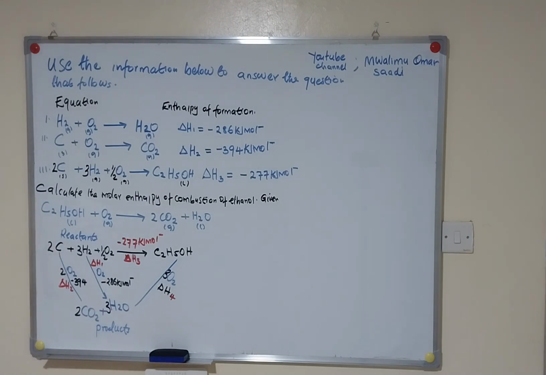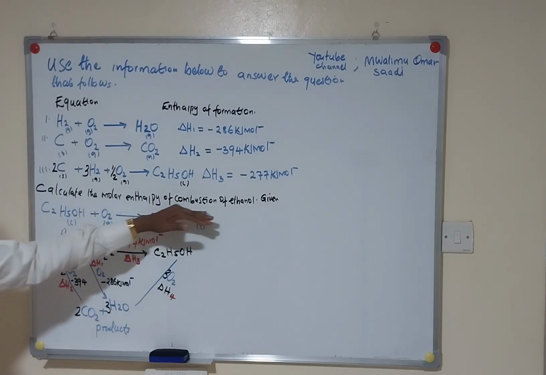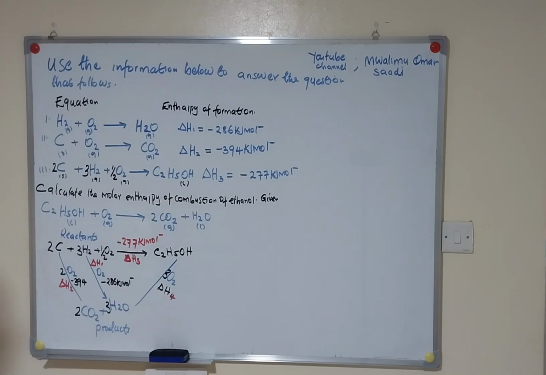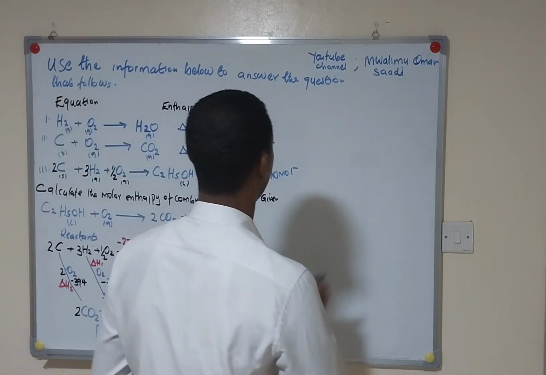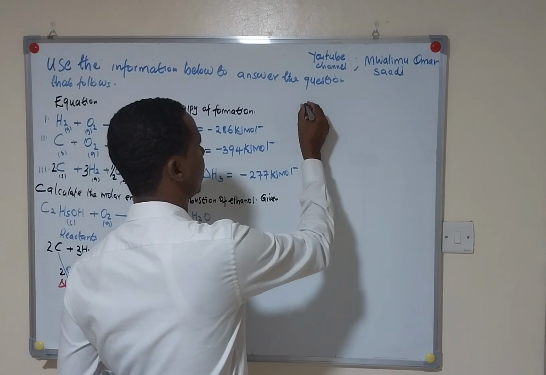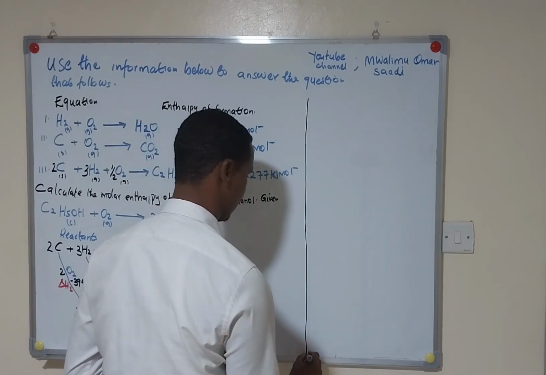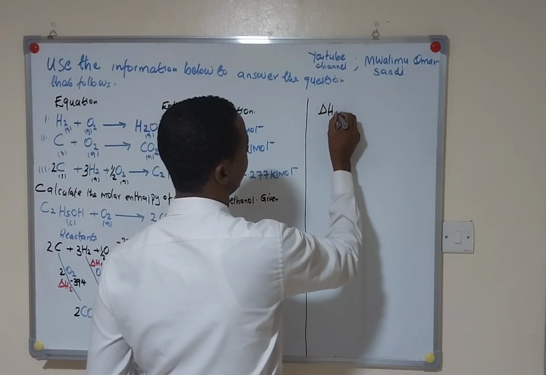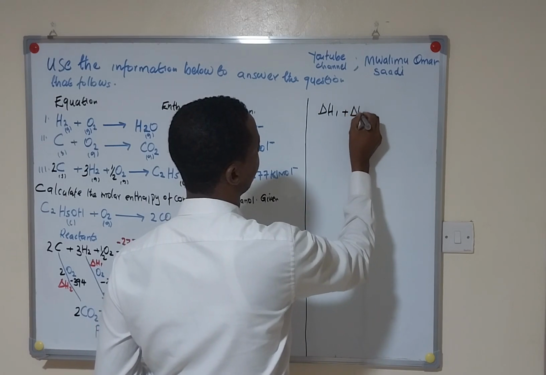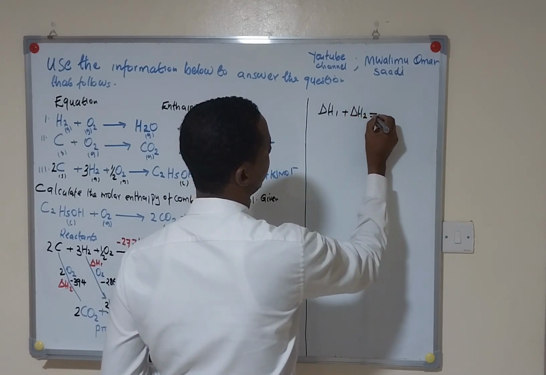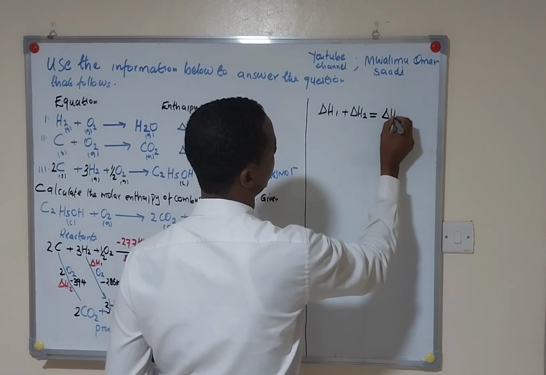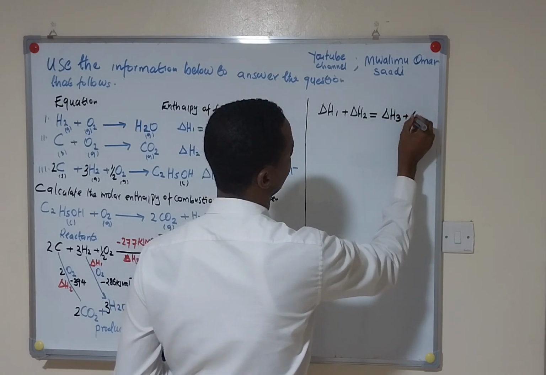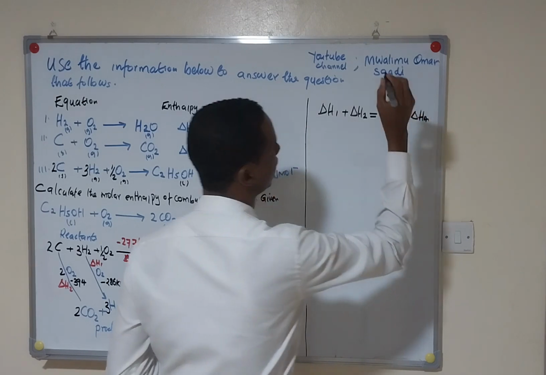So to get now the molar enthalpy of combustion of ethanol, that is delta H4, we use this formula. We say delta H1 plus delta H2 is equal to delta H3 plus delta H4.